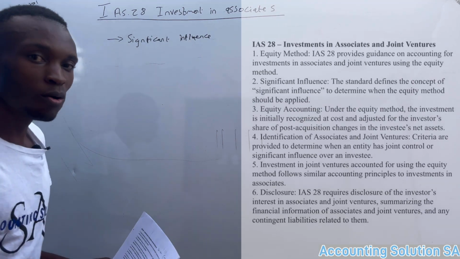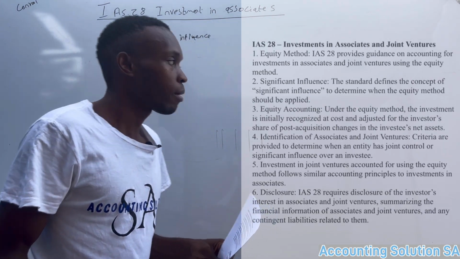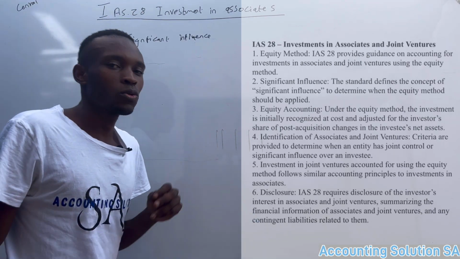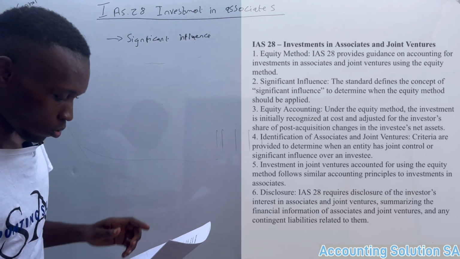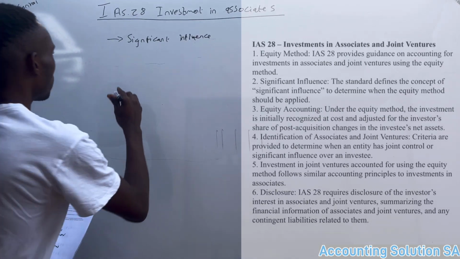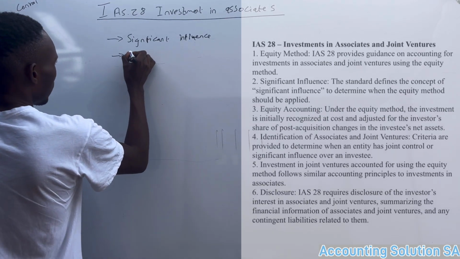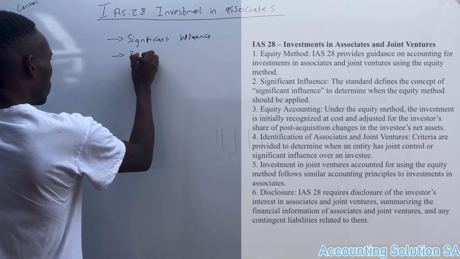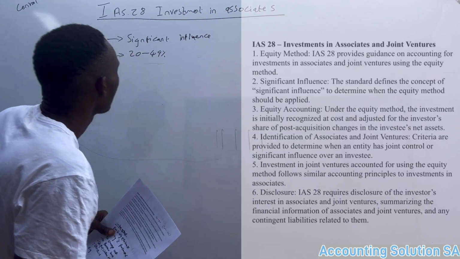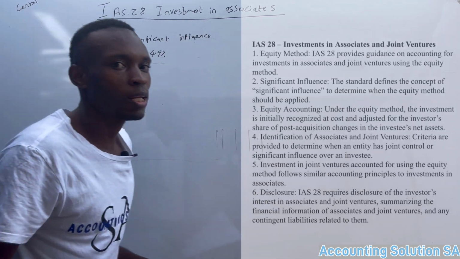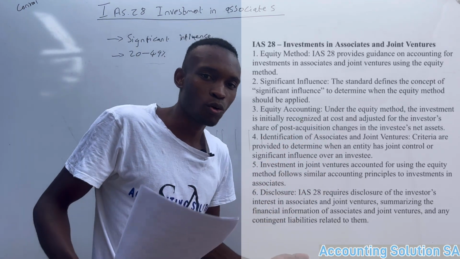You have power over another business. But in terms of IAS 28, you don't have power, you have significant influence. In terms of percentage, it is normally between 20 to 49 percent. An associate is 20 to 49 percent inside the group.